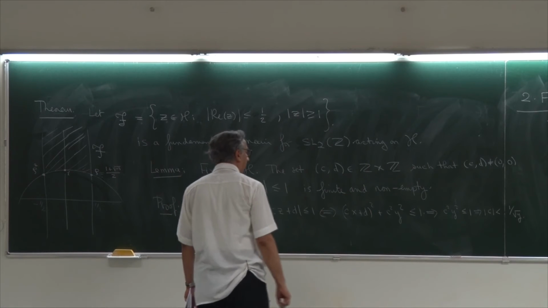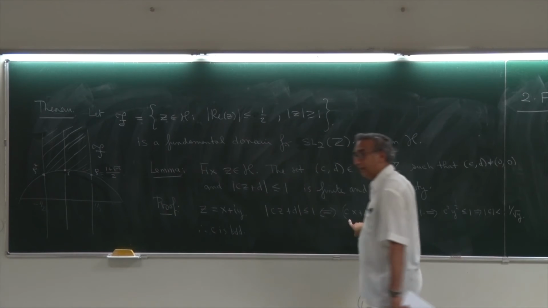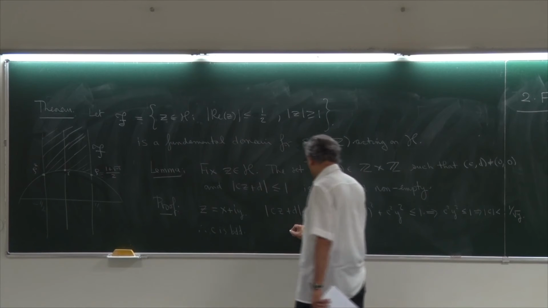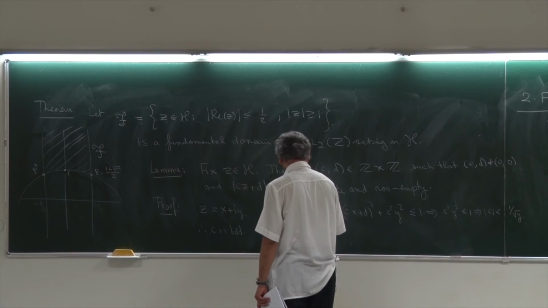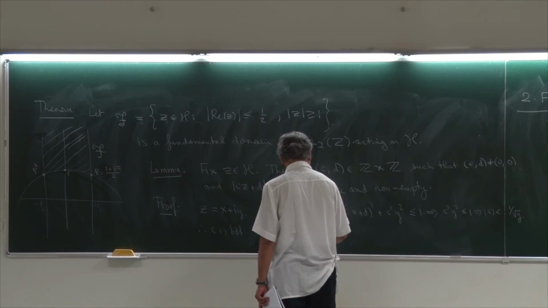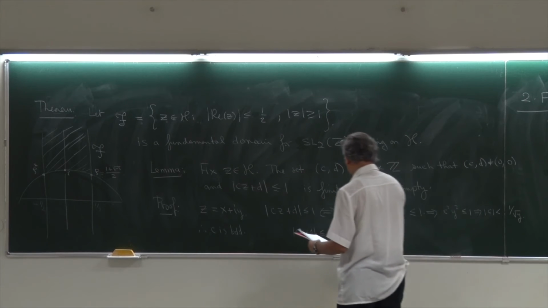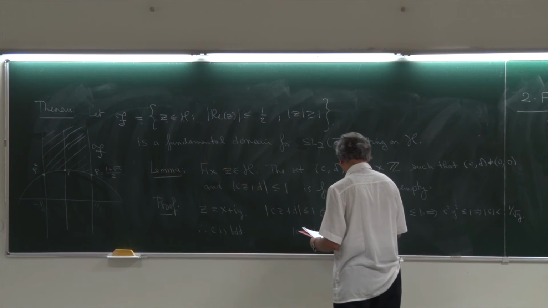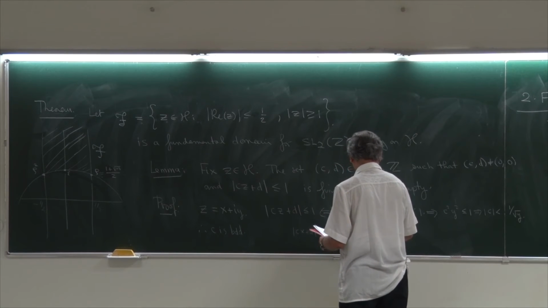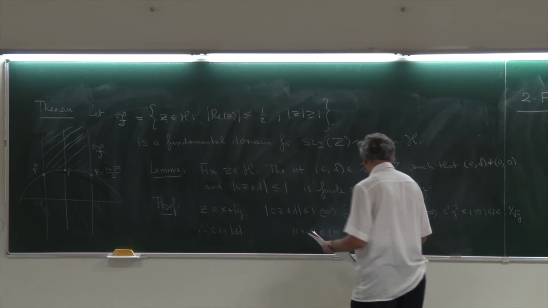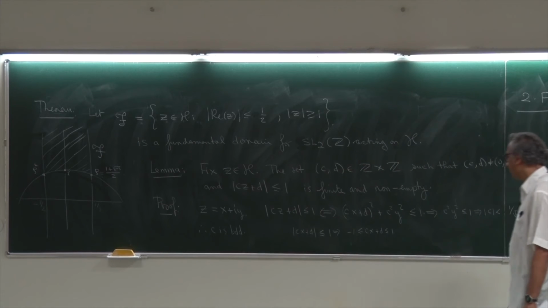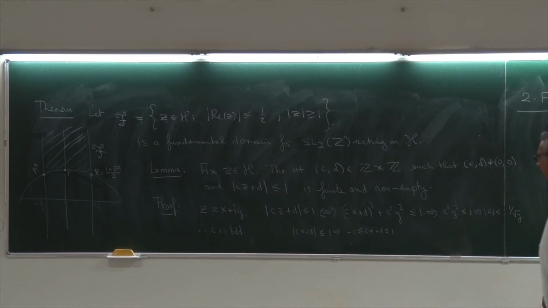And once c is bounded, we go back here and look at mod cx plus d. So c is bounded, so mod cx plus d is also less than 1. Which means that minus 1 is between cx plus d and 1. So cx plus d lies between minus 1 and 1.